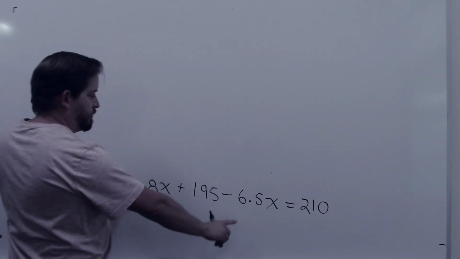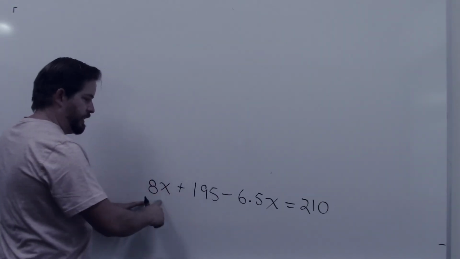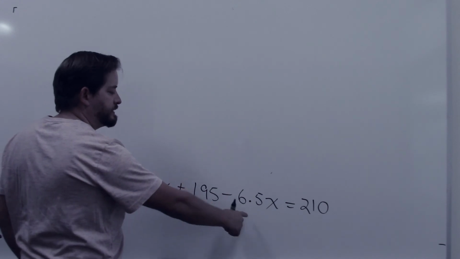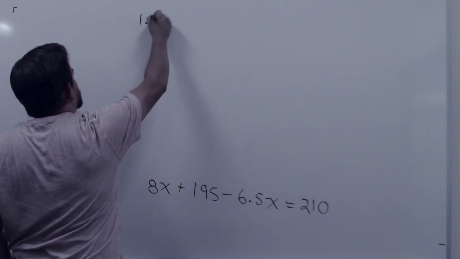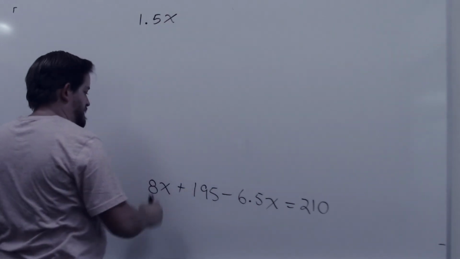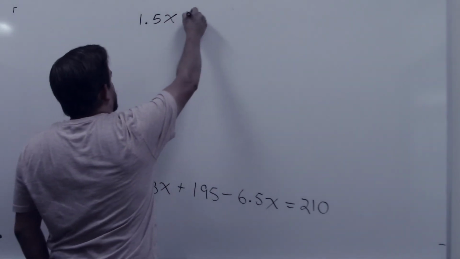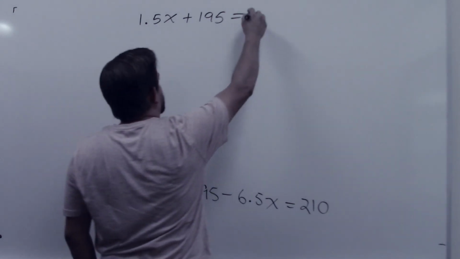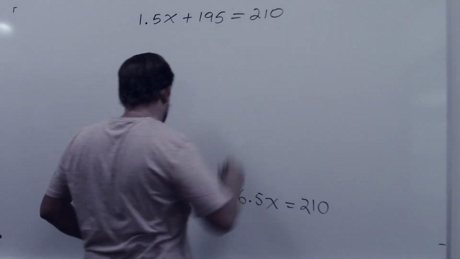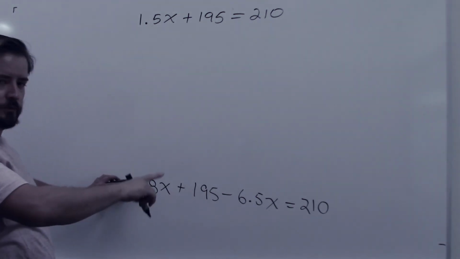When I write it up here, what I'm going to do is combine my x terms. I have 8x minus 6.5x, that's just 1.5x left over, plus 195 equals 210. Right. Gonna get rid of this one too.